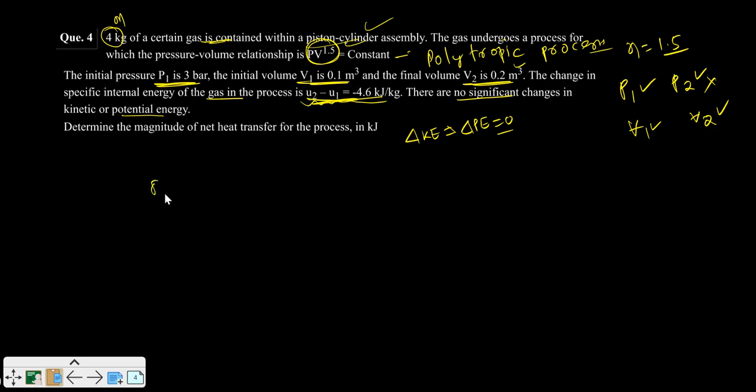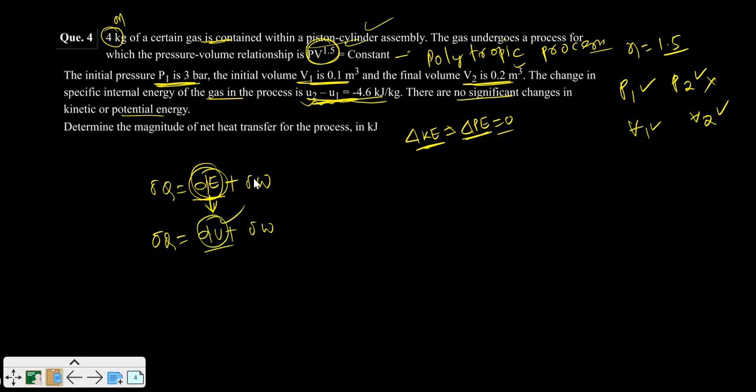That means we can write del Q is equal to dE plus del W. So this equation can be written as del Q is equal to dU plus del W. Simply we are neglecting the change in kinetic energy and potential energy, so dE can be written as dU, right?